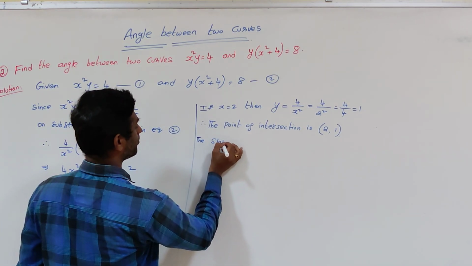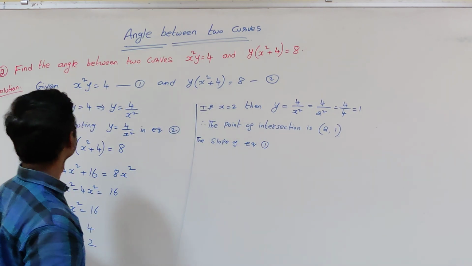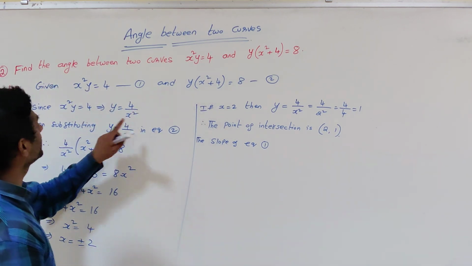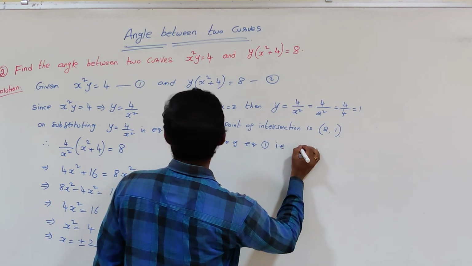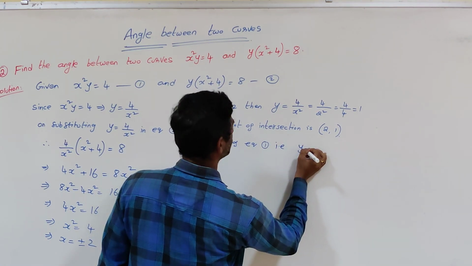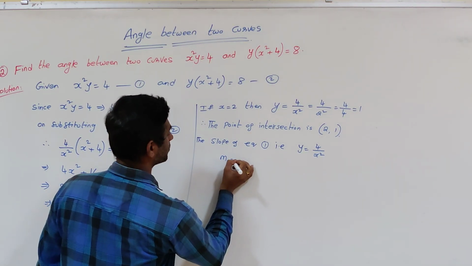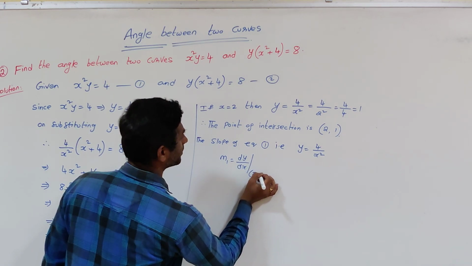The slope of equation 1. What is the slope? y is equal to 4 by x square. m1 is equal to dy by dx at the point 2 comma 1.